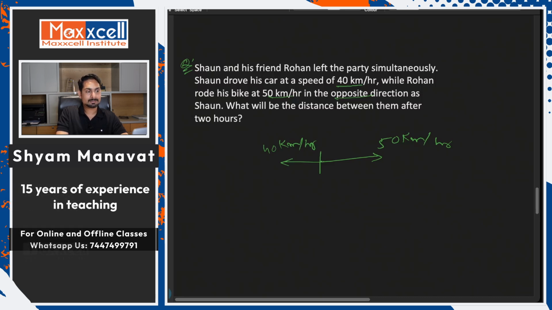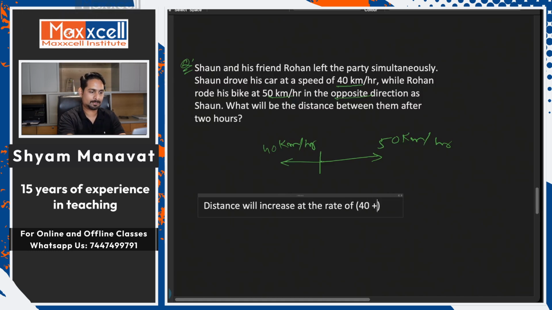Distance will increase at the rate of what? Opposite direction, plus. That means 90 kilometers per hour, right?